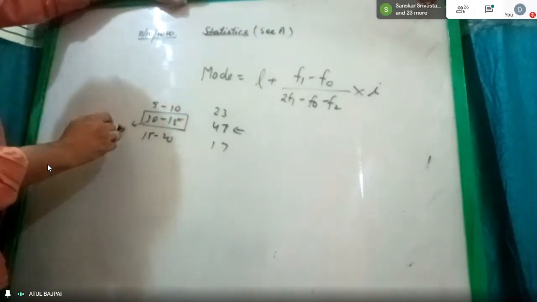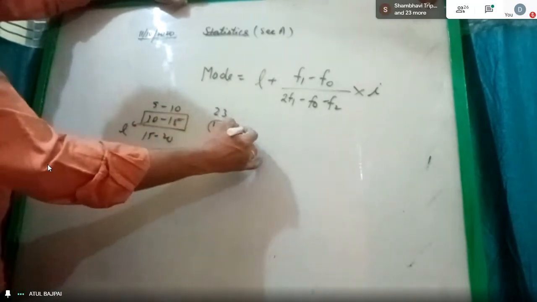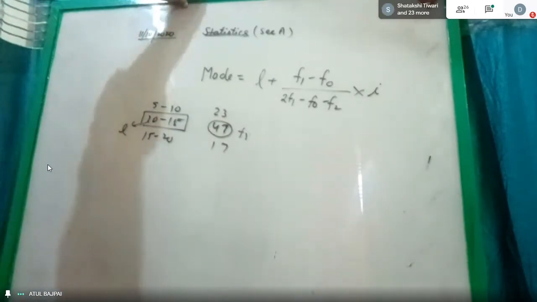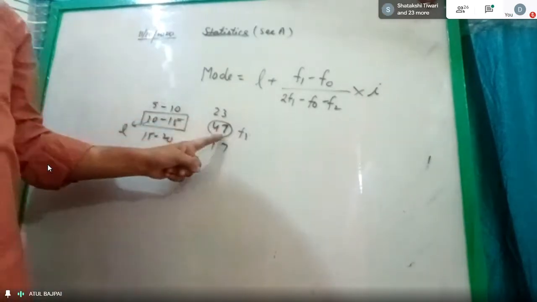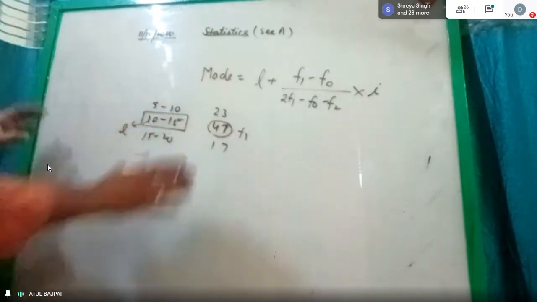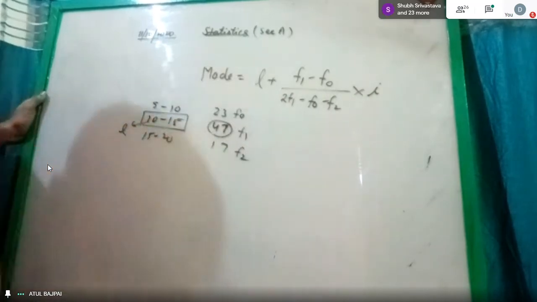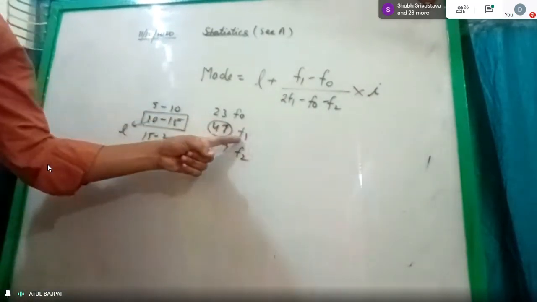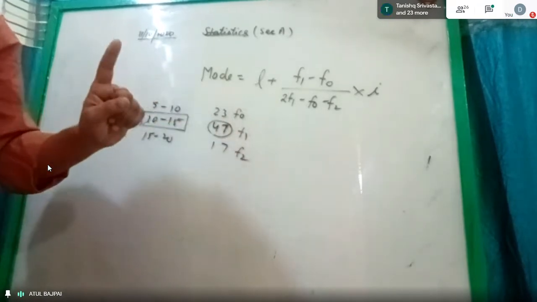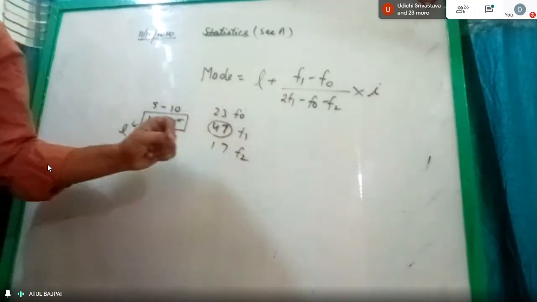L will be 10. The modal class frequency, what we used to call F, has now become f1. The frequency just before it is f0 and the frequency just after is f2. I am not saying cumulative frequency, I am saying frequency.